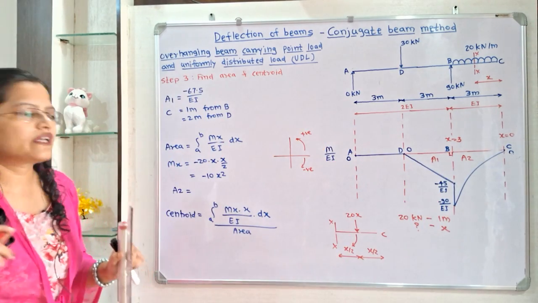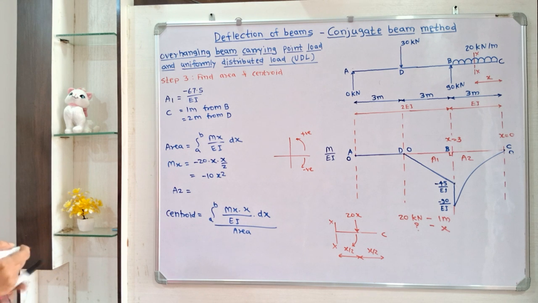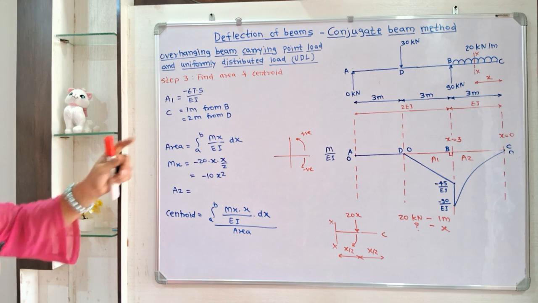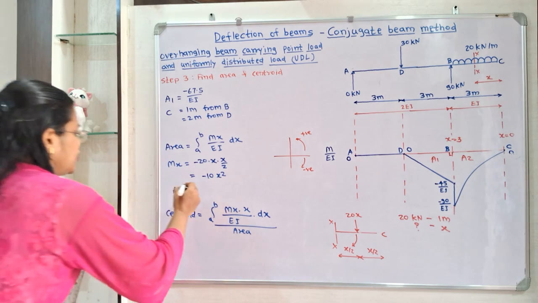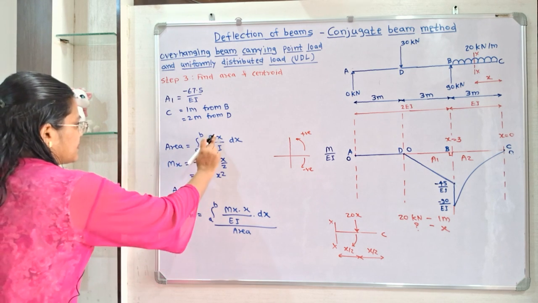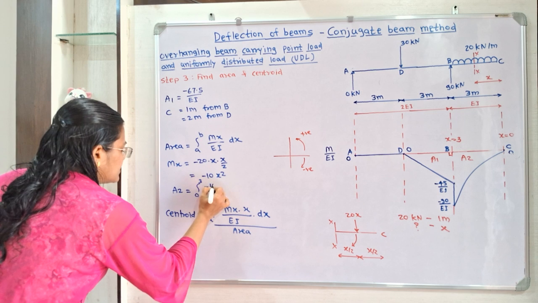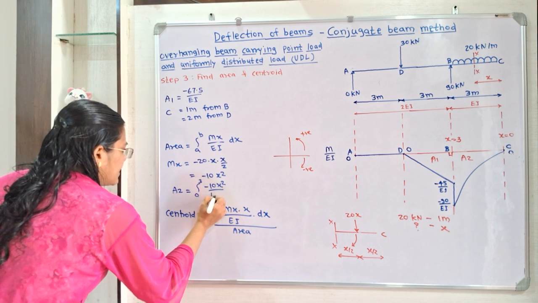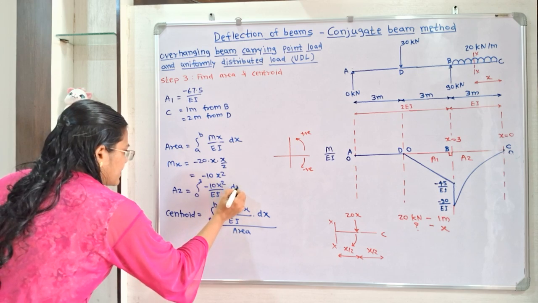So from the diagram we can say that. For A2 we will write the formula, integration from 0 to 3, mx that is minus 10x square by EI into dx.